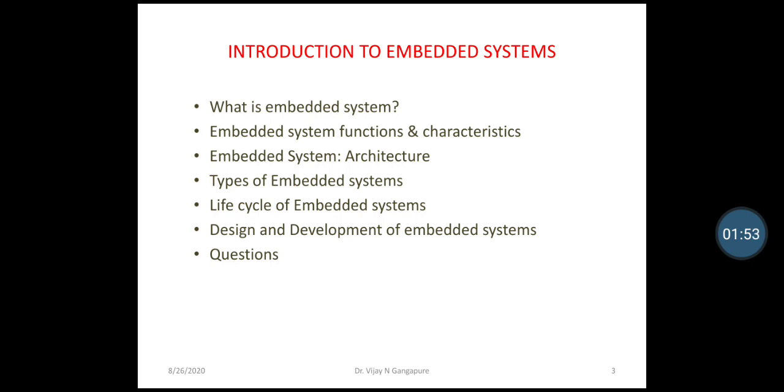We are going to discuss first what is embedded system, next embedded system functions and characteristics, then embedded system architecture, then types of embedded systems, life cycle of embedded systems, design and development of embedded systems, and then we can have a question answer session live.